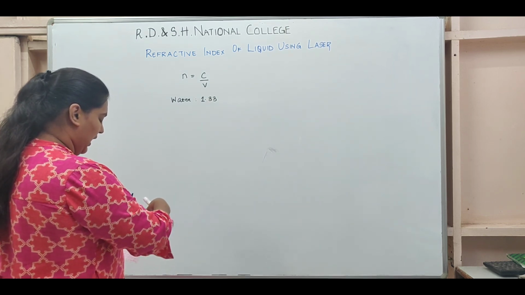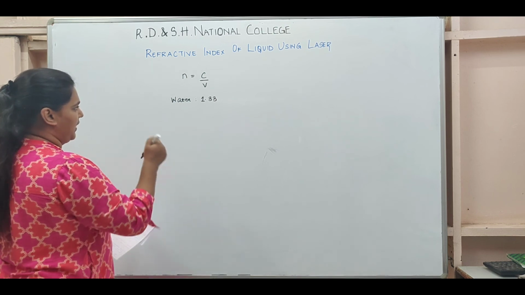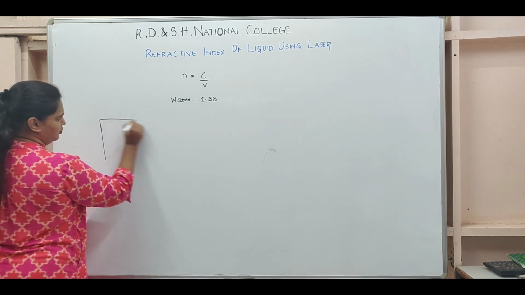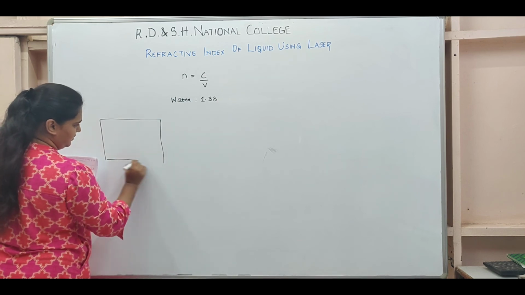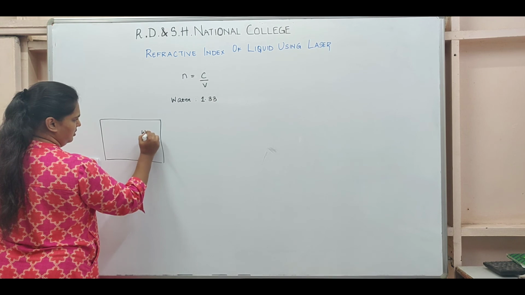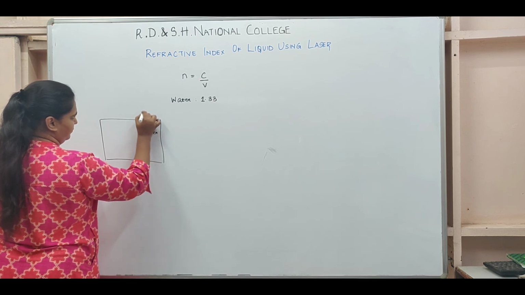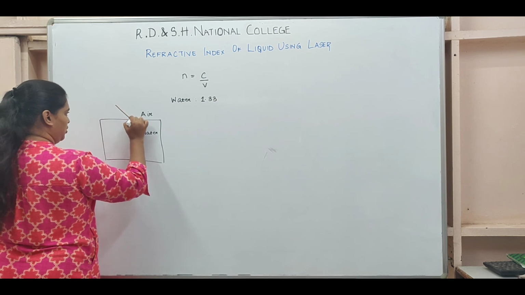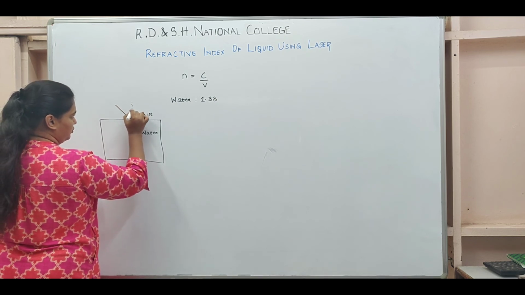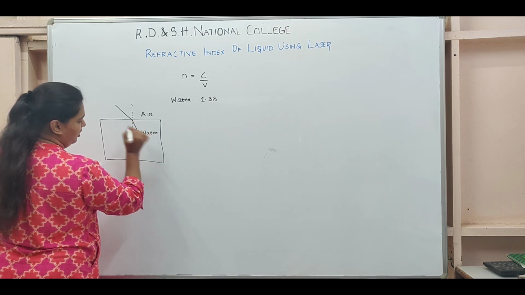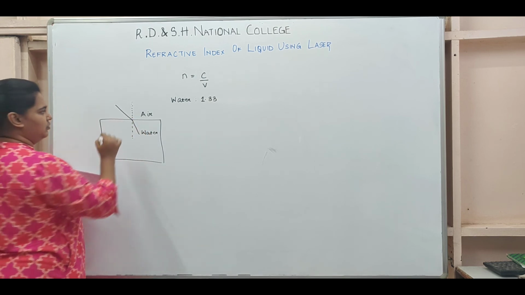Now RI can also tell us what happens when a ray of light enters a medium. Suppose this is a medium, so I may say this is water and this is air, and this is a ray of light. RI can also give us how much this ray of light bends when it enters from one medium to another.